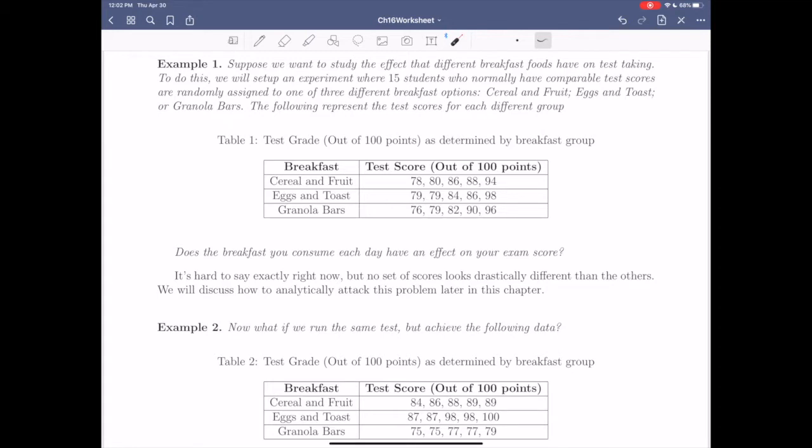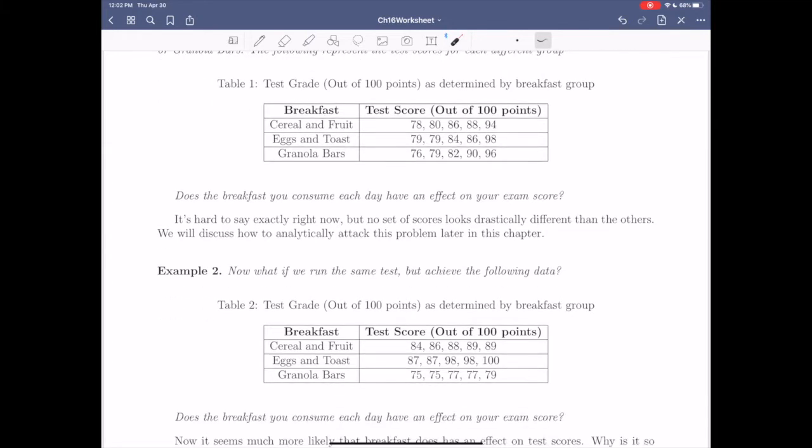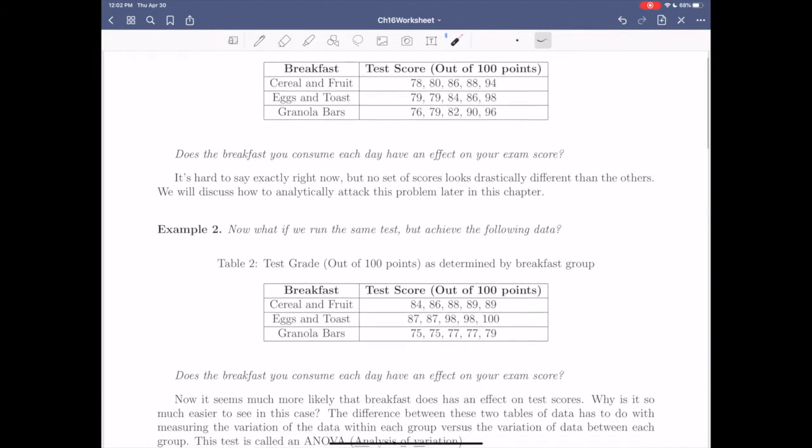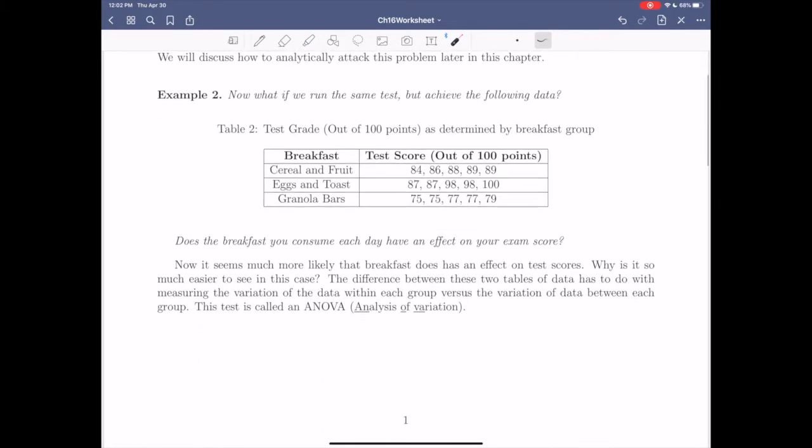But let's say I run this test a second time, and the second time that we do this, we achieve the following data. For the second time, if you have cereal and fruit, your test scores are 84 to 89. If you have eggs and toast, you have test scores ranging from 87 to 100, and if you have granola bars, you have test scores ranging from 75 to 79.